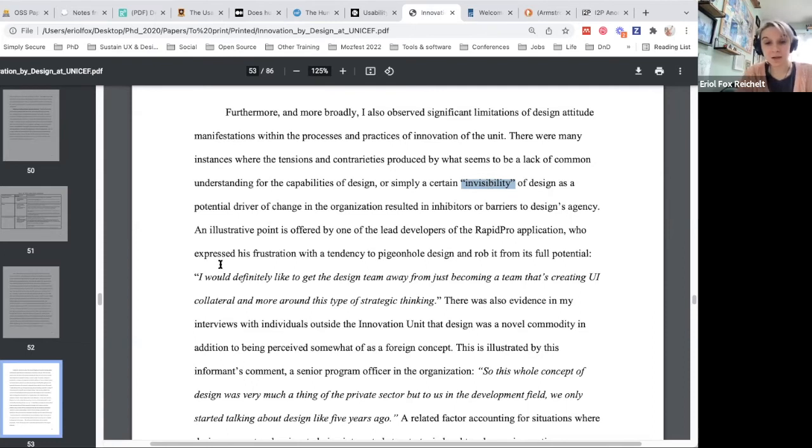There's a statement then about getting the design team away from just becoming a team that's creating UI and more about strategic thinking.